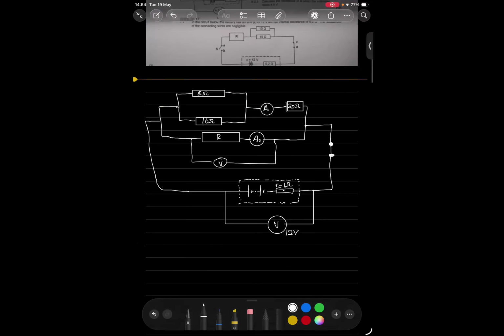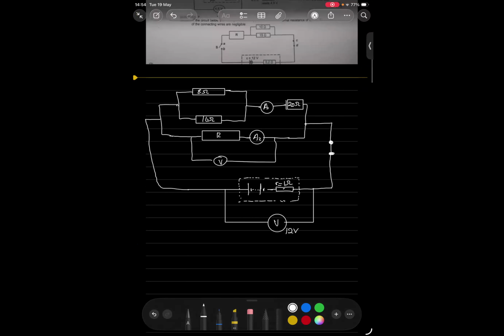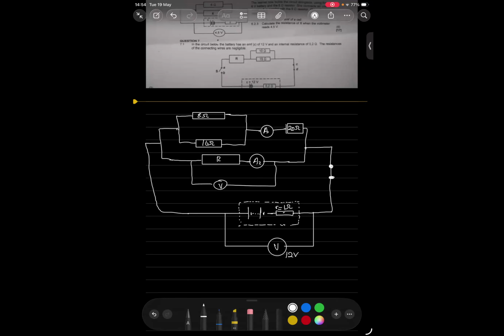Like when you have the voltage across the battery, I mean. Now I want the reading on the voltmeter, on the resistor R. It's going to be how much?